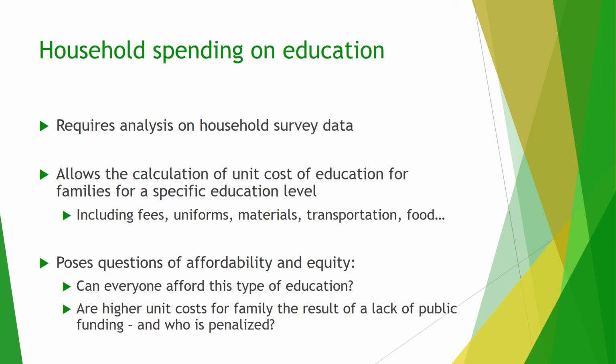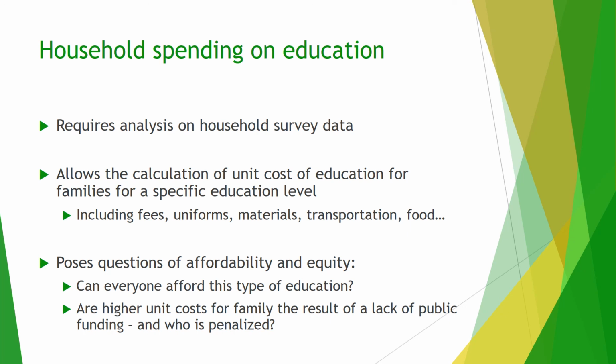And when comparing this budget for education for the whole household to the number of children that they have at different levels, we can estimate the average unit cost of education for families for each education level.